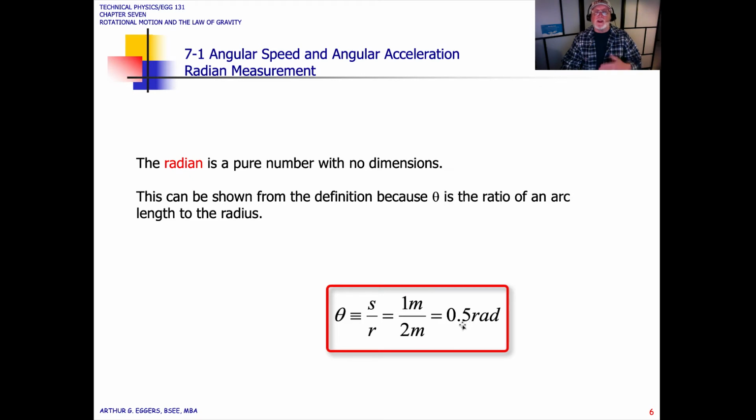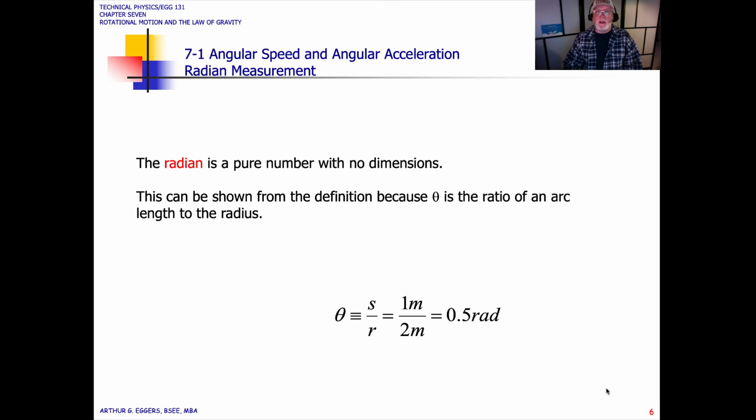And we're left with a number that's 0.5. And so we need to assign something to that 0.5 so that we follow our convention that I've been urging you to make sure you do throughout this course, is that you apply some kind of units to a number. Otherwise, it's just a meaningless number. So that number is going to now be called the rad, which is a half a radian in this case.